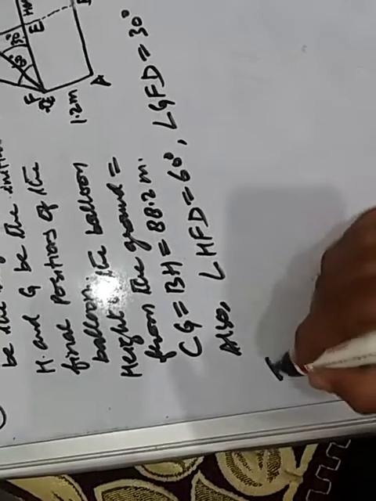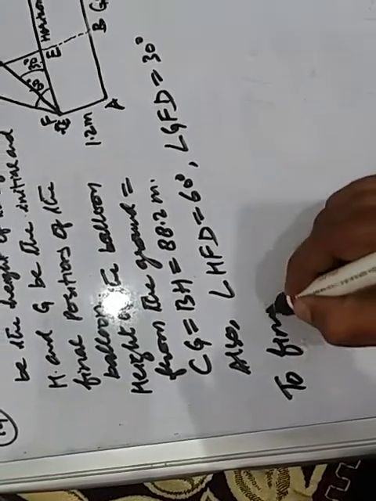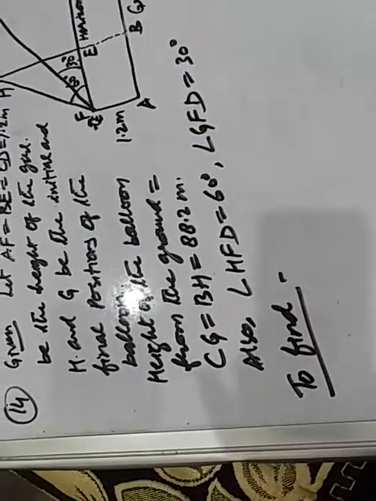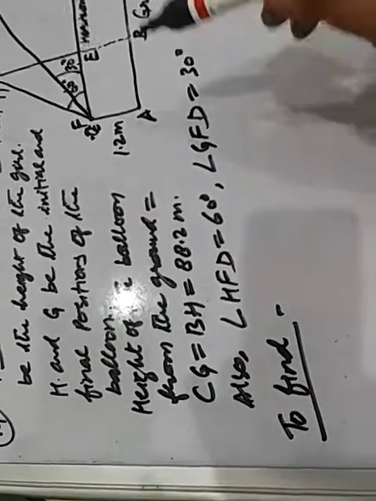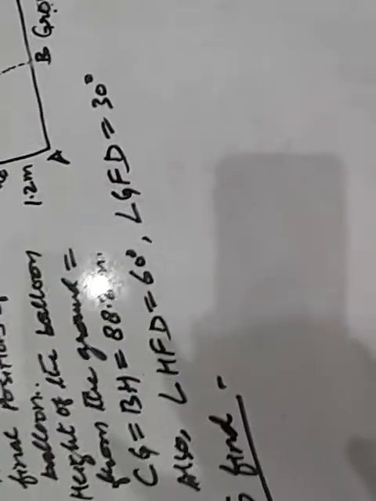Okay. Now, children, what we have to find out? We have to find out HG, the distance traveled by the balloon during the interval.